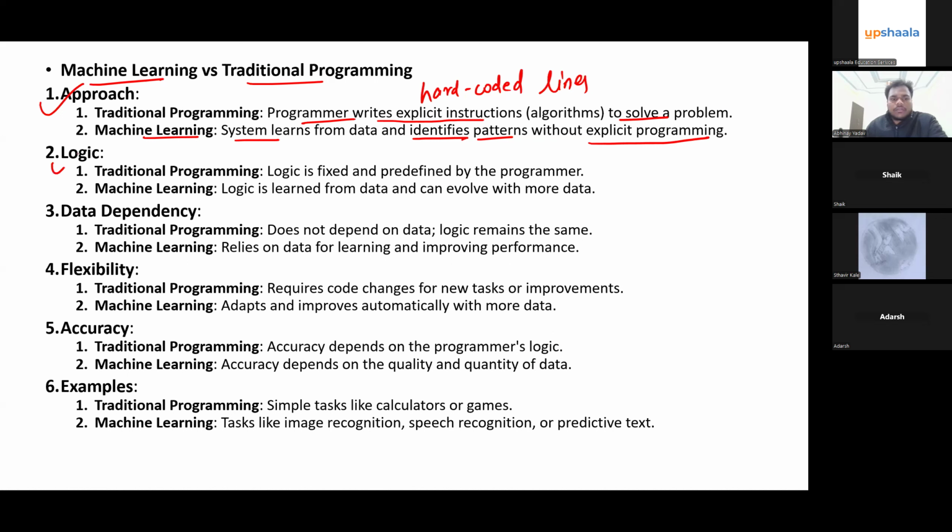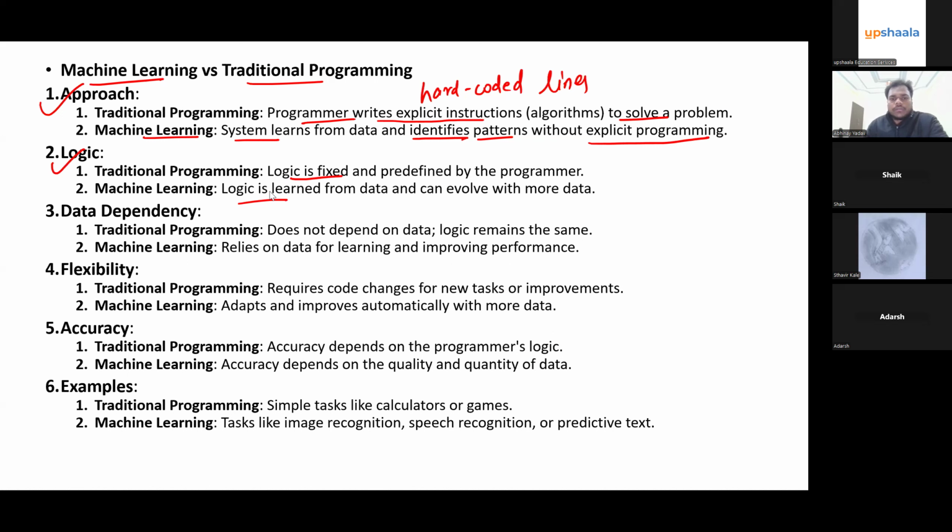In case of the logic, the logic is fixed. If we want to change something, we need to go to the code and change that thing that was hard coded in nature. But in machine learning, the logic is learned. The machine learns the things from the data one by one.